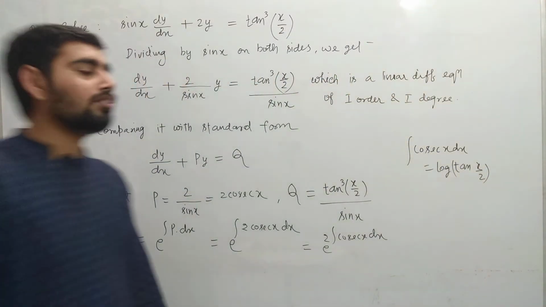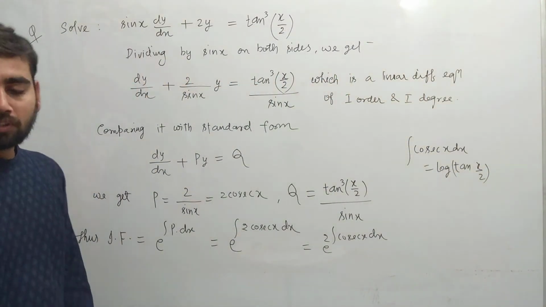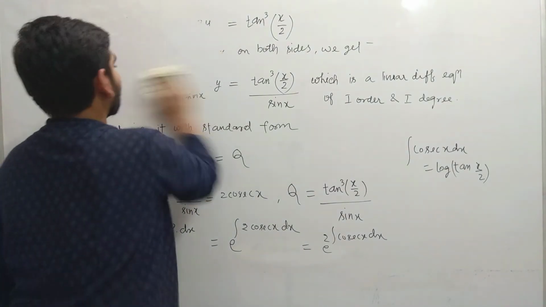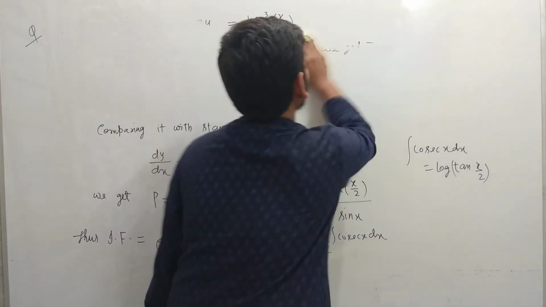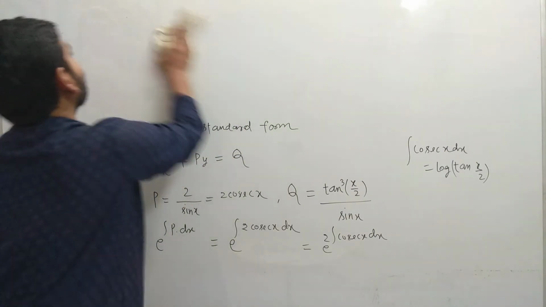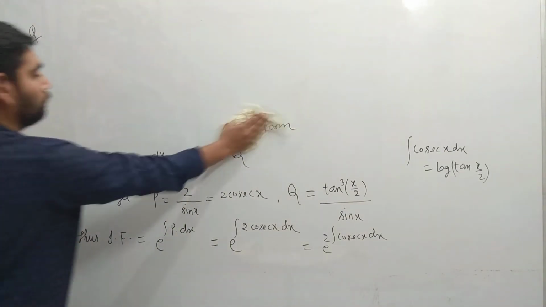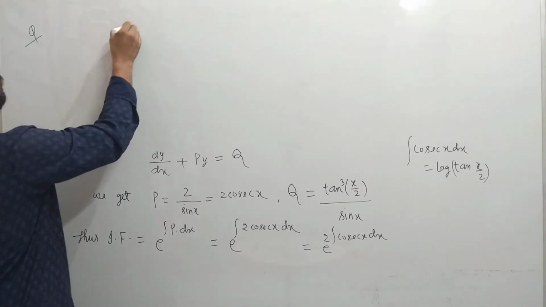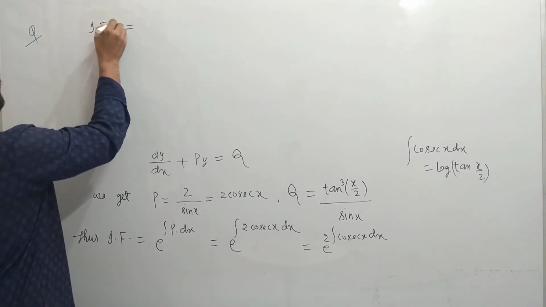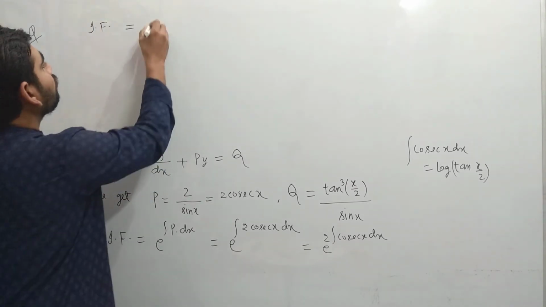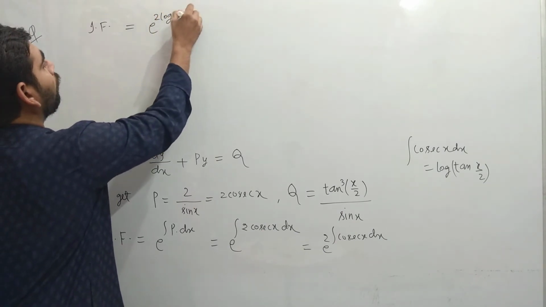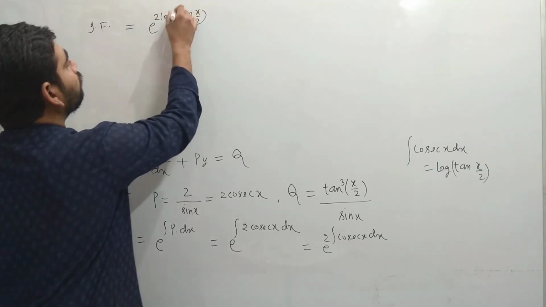So the integrating factor equals e to the power 2 log tan x upon 2.